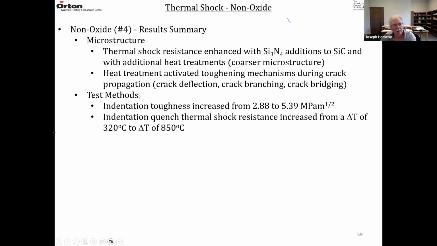And as far as the test methods are concerned, the indentation toughness increased with the elongated type microstructure from 2.88 to 5.39, and that's megapascal square root meters. And then the indentation quench thermal shock resistance increased from a delta T of about 320 degrees C to 850 degrees C. So substantial improvement in thermal shock by changing the microstructure.